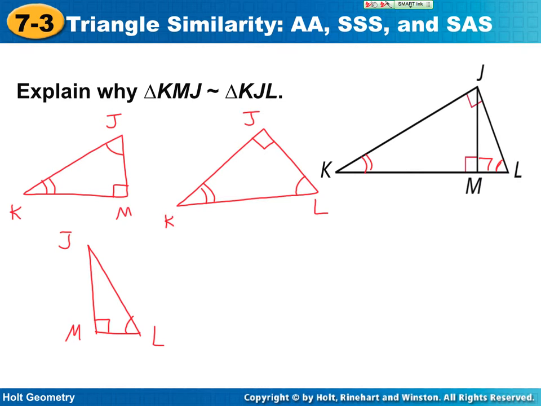Isn't the little one similar to the great big triangle? And angle J would be the same as the angle K. So this would make the medium-sized triangle similar to the little one. We've got 3 triangles here that are same shape but different sizes. They're all similar.